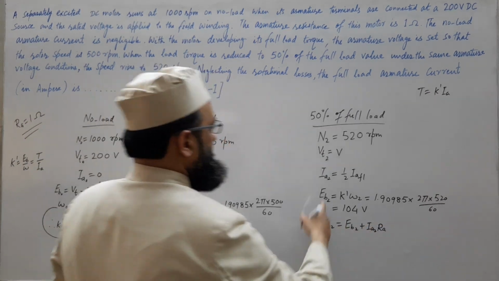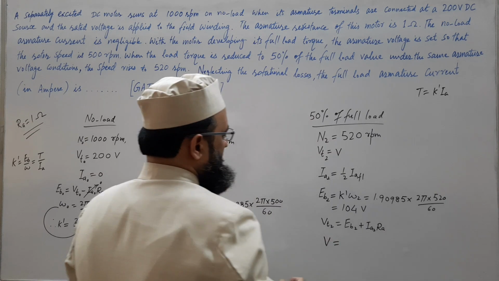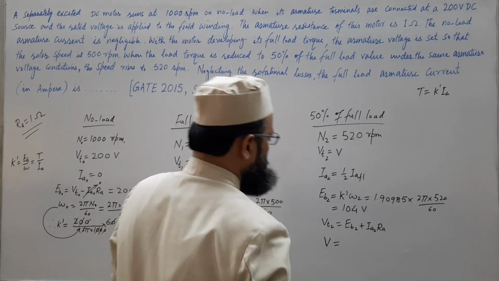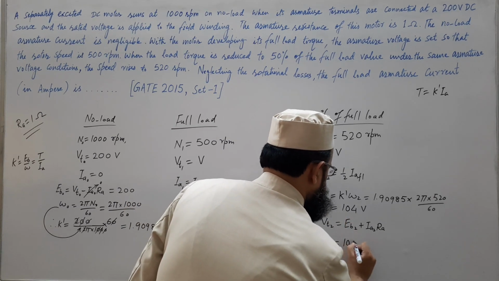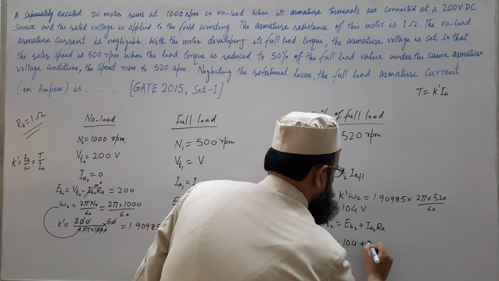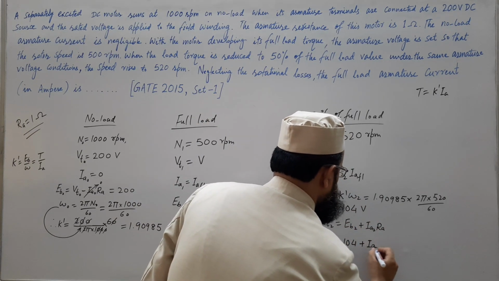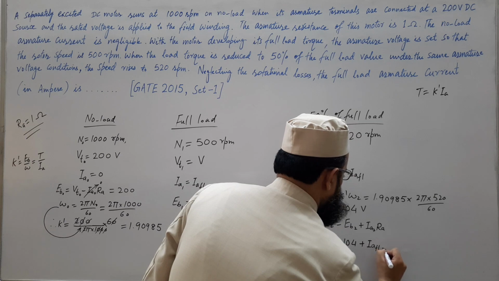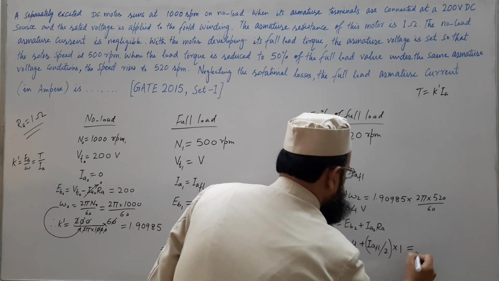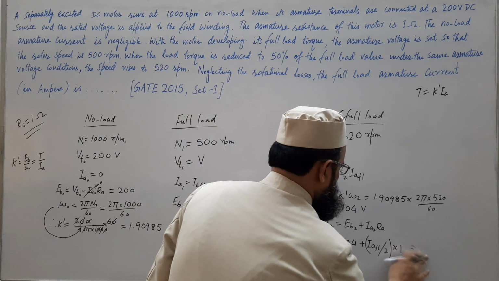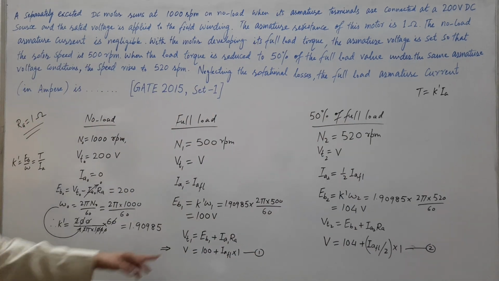One more equation can be written. The condition given in the problem was that the terminal voltage in the two cases, at full load and at half of the full load, is the same. So V is equal to 104 plus IA2, which is IAFL by 2, into 1 ohm. This is equation number 2. Subtract 1 from 2.